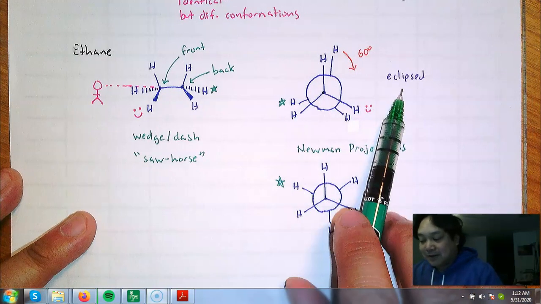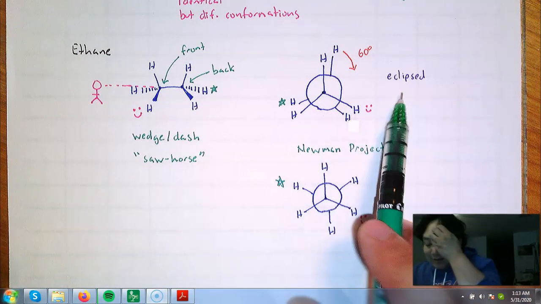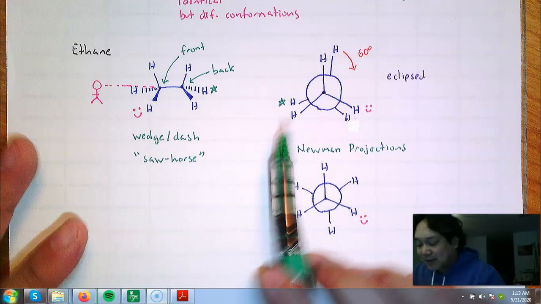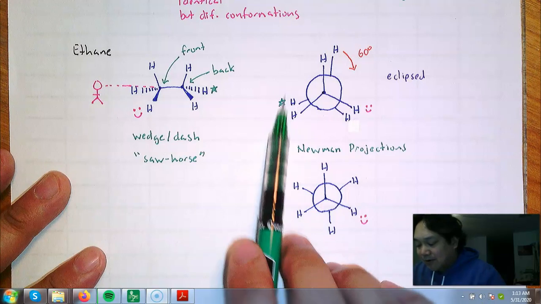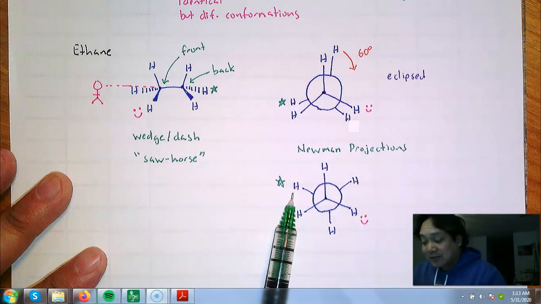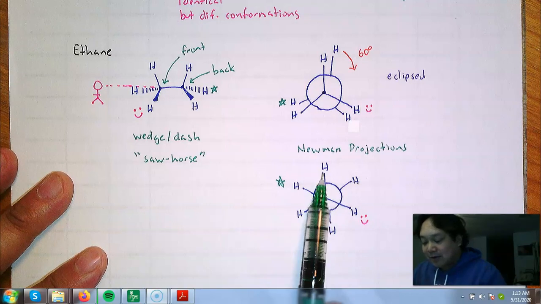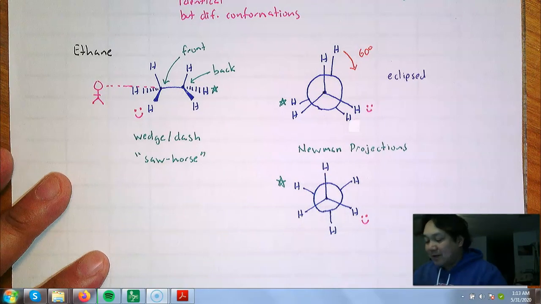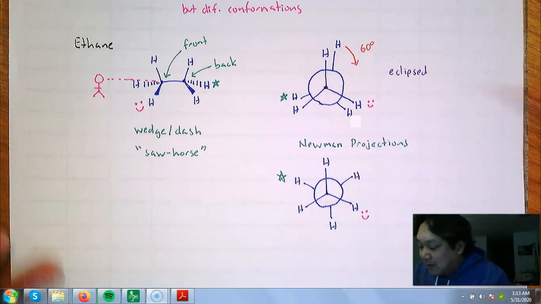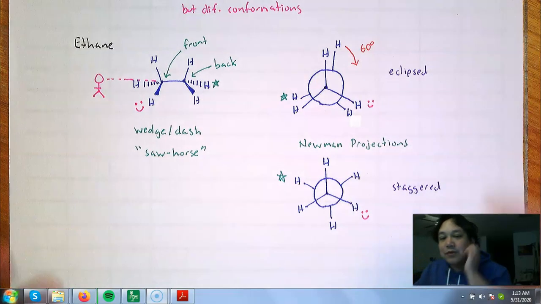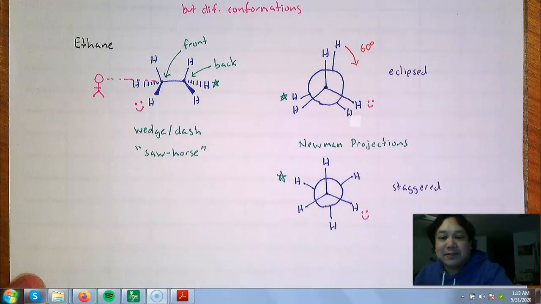It's eclipsed, like a solar eclipse. The moon is in front of the sun. I think that's how it works. So when I move this 60 degrees, I end up right here. Another 60 degrees, you'll end up right here. This star is going to end up underneath this hydrogen. This has a name itself. It's called staggered. Those are the two conformations for ethane, eclipsed and staggered.